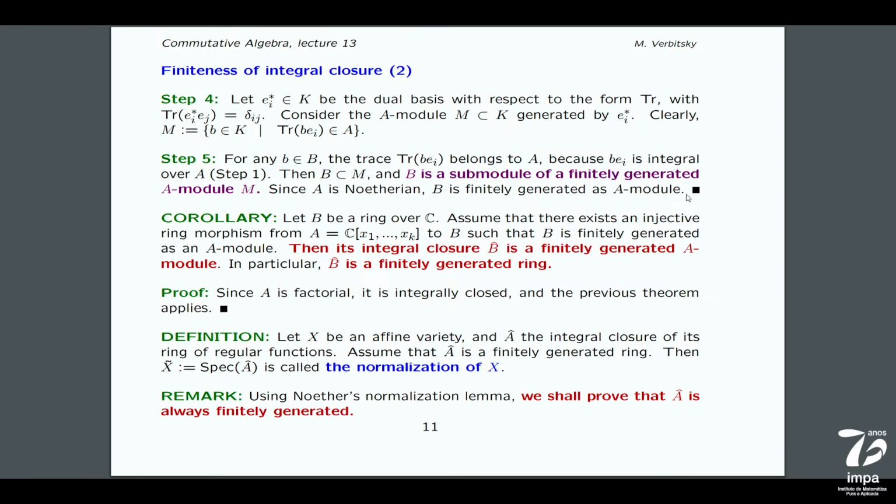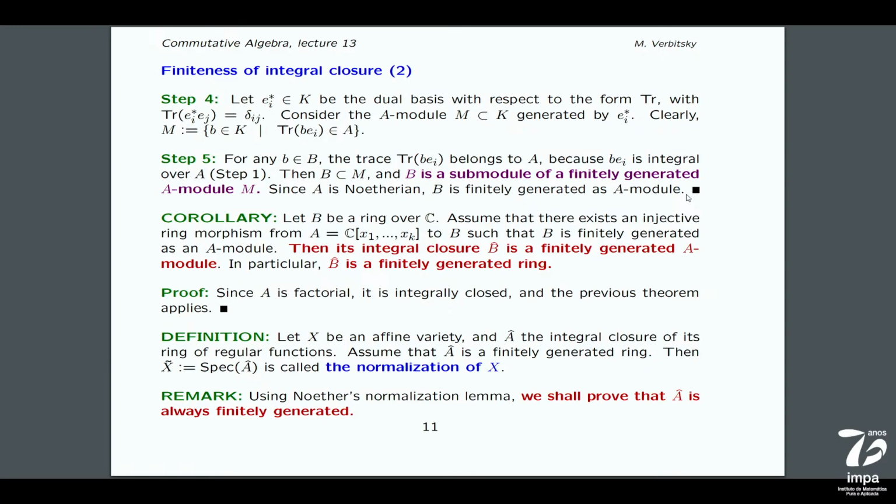Of course, this basis doesn't give you the whole B. It's much smaller. So now it's step 4.